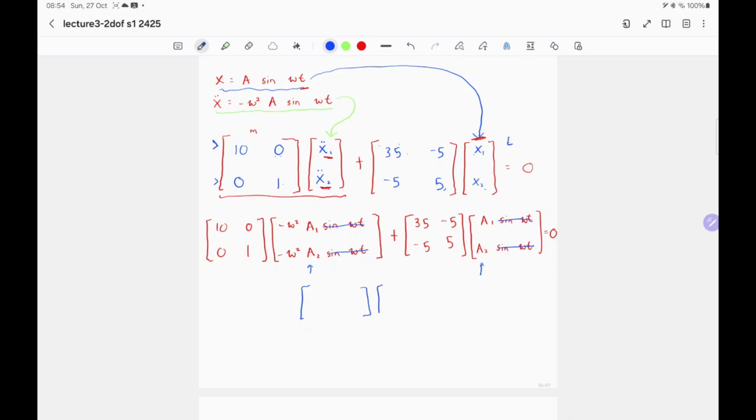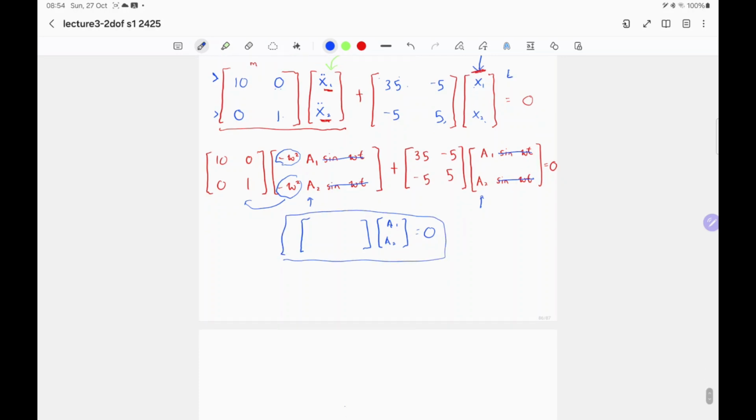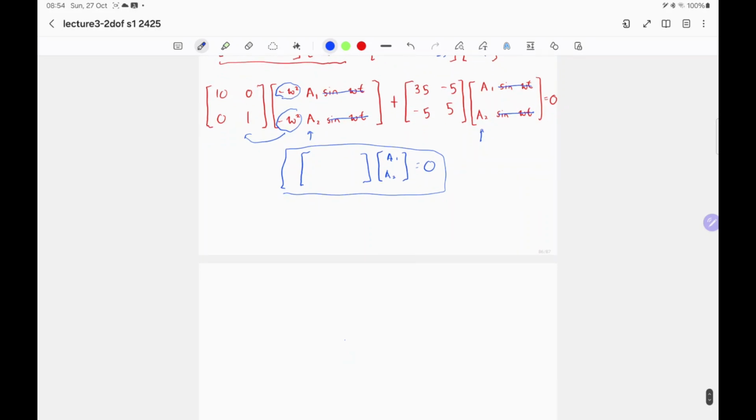So we try to simplify the equation to become A1 and A2 equals 0. So we will move this one to the left hand side, and in the end we can simplify the equations to be like this.